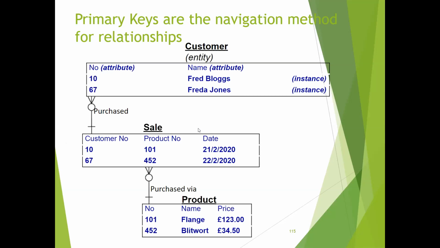Okay. So then you need to think about, once you do the primary key, what is the relationship, right? In this case, a sale item is purchased by a customer, and a product is purchased via sale. The way I think about it here, a sale will have one and only one product, but a given product can belong to 0 or more sales.